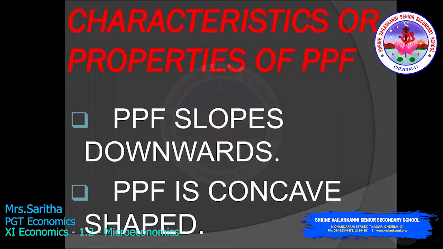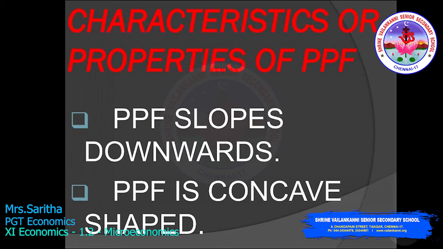More of one good can be produced only by taking resources away from the production of another good, as there exists an inverse relationship between the change in quantity of one commodity and the change in quantity of the other commodity. So, the PPF will slope downward from left to right.